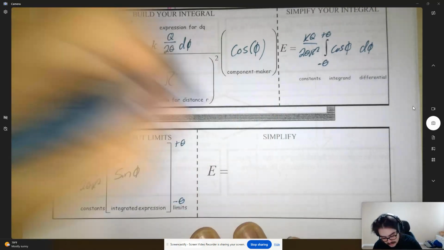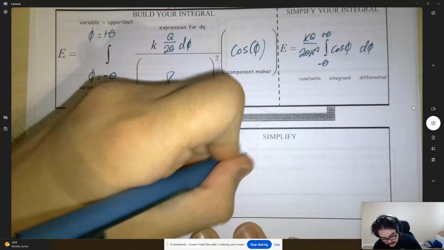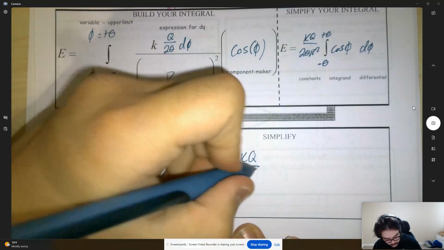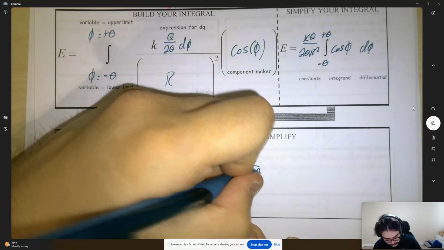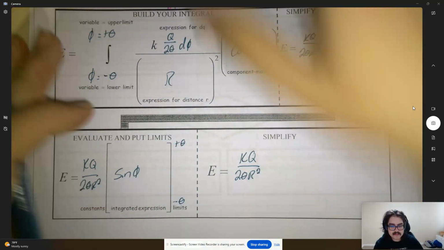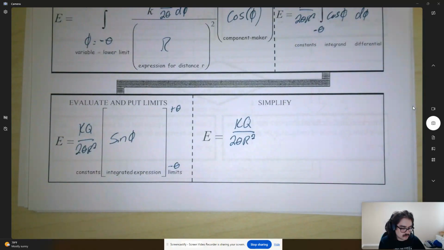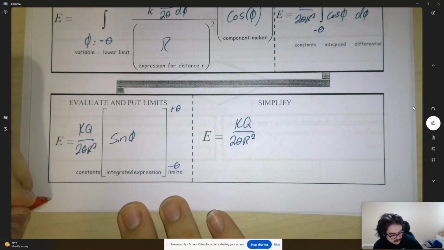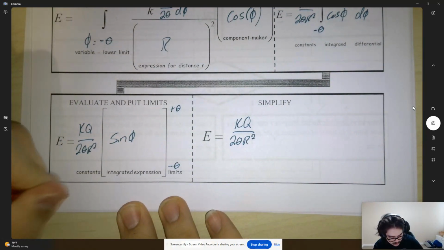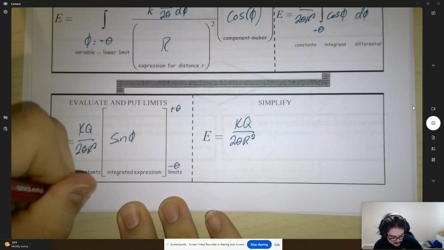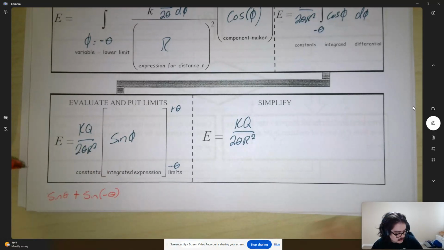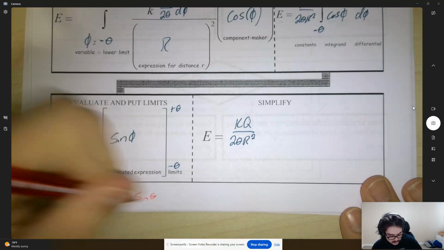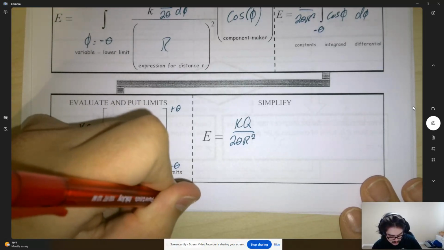As a little bit of a side, you should see that this becomes sine theta minus, or sorry, plus sine of negative theta. And this ends up becoming sine theta plus sine theta.